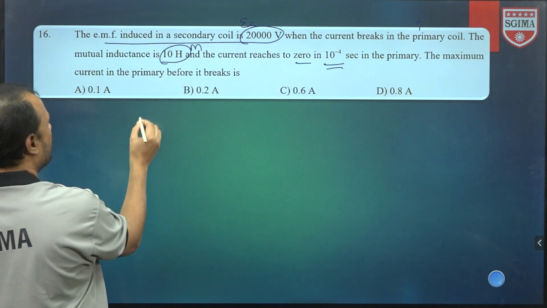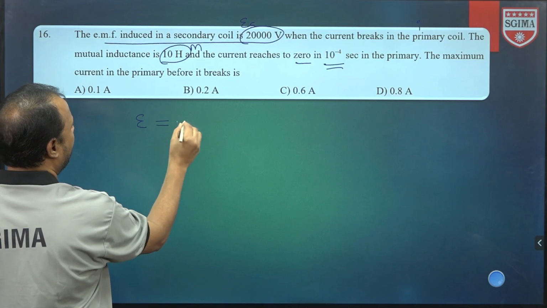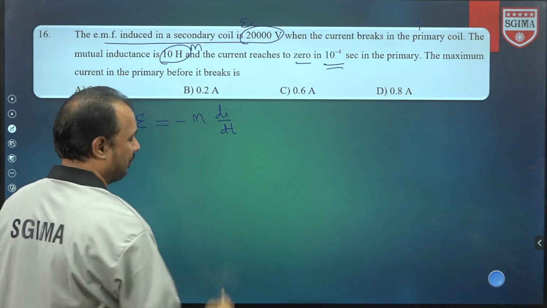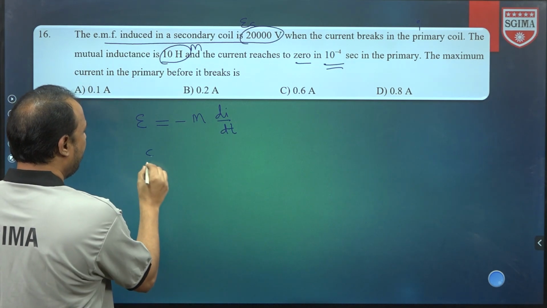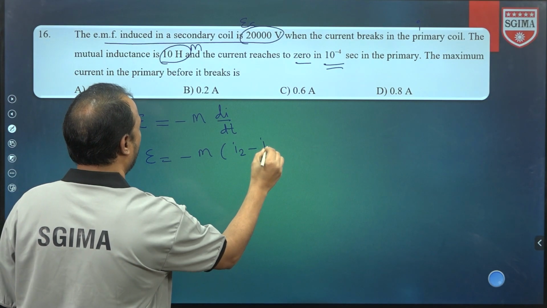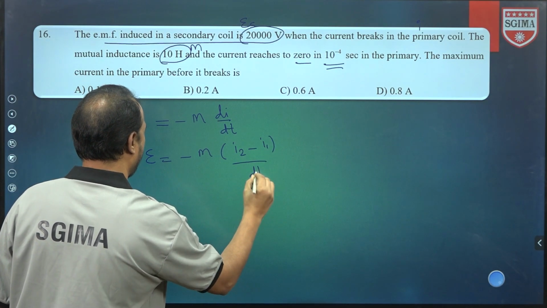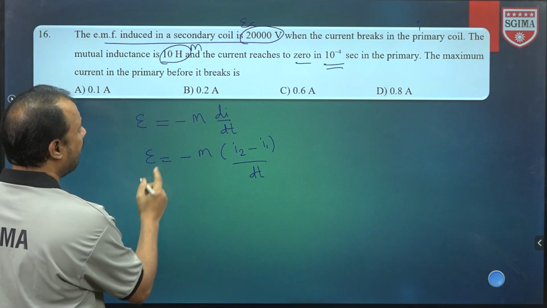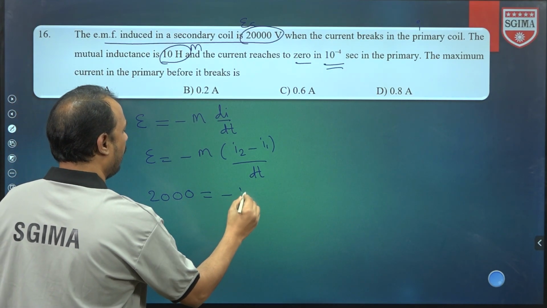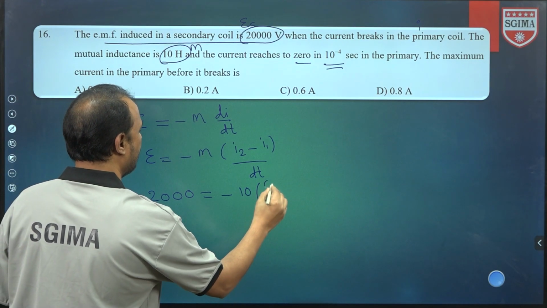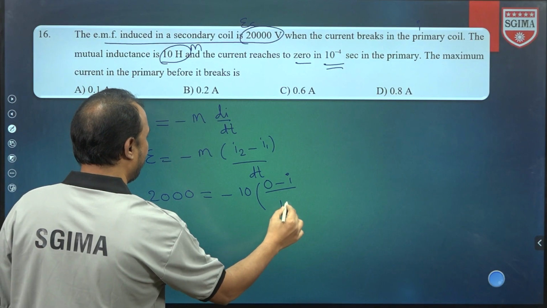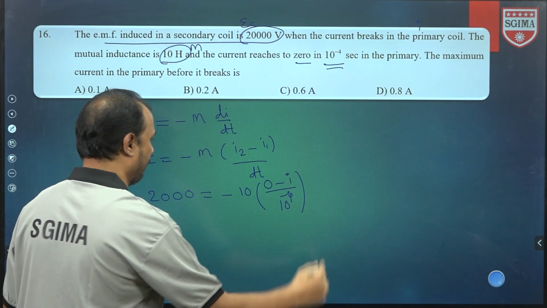Okay. So for mutual inductance, the induced EMF is written as E equal to minus M di by dt, which is minus M times the change in current, I2 minus I1, by time. The EMF is 2000 volts, the inductance is 10 Henry, the final current is 0, the initial current we are calculating, and the time is given as 10 power of minus 4.